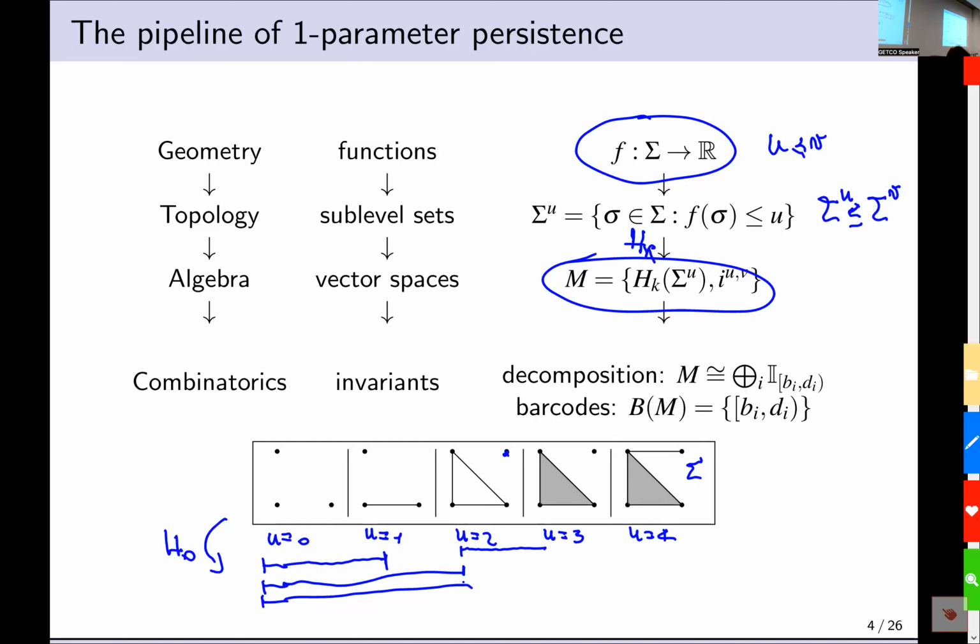And here we go on, nothing happens because connected components are not changing when we introduce a triangle. And then we go on, and this new bar that was born later dies here because it gets merged, and this bar continues until infinity forever.